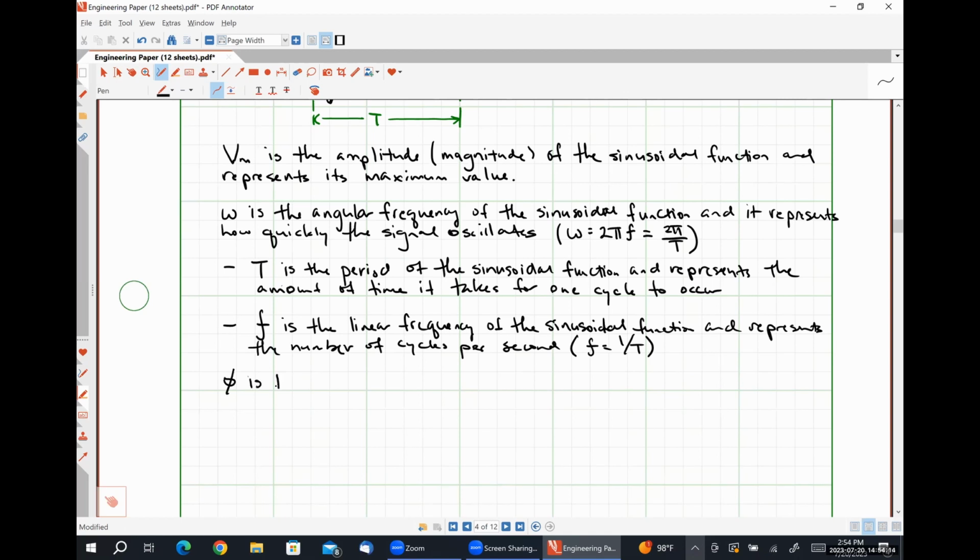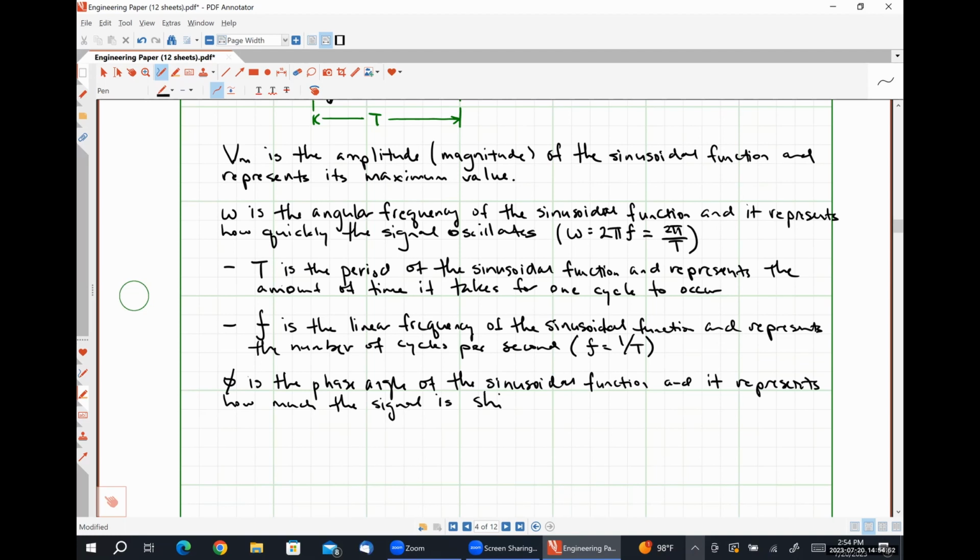So phi is the phase angle of the sinusoidal function, and it represents how much the signal is shifted in time.